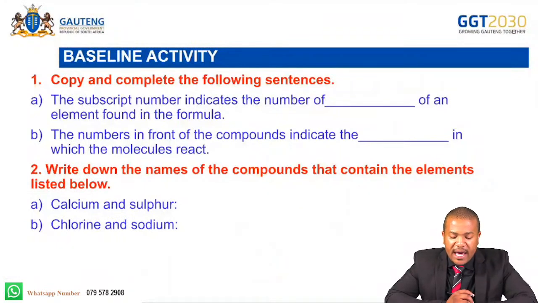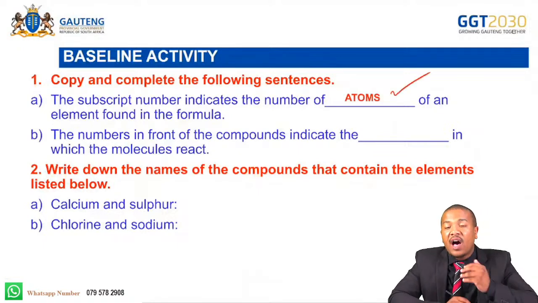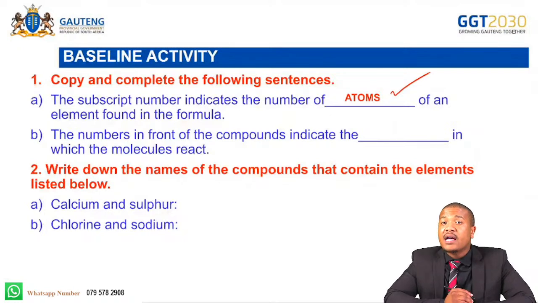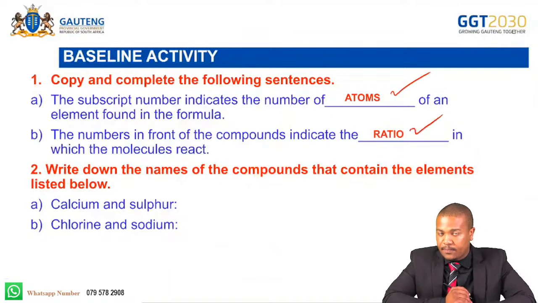Right. Now, let's look at the solutions for this baseline activity. Number 1, copy and complete the following sentences, right? The subscript number indicates the number of atoms of an element found in the formula. Then B, the numbers in front of the compounds indicate the ratio in which the molecules react, right?